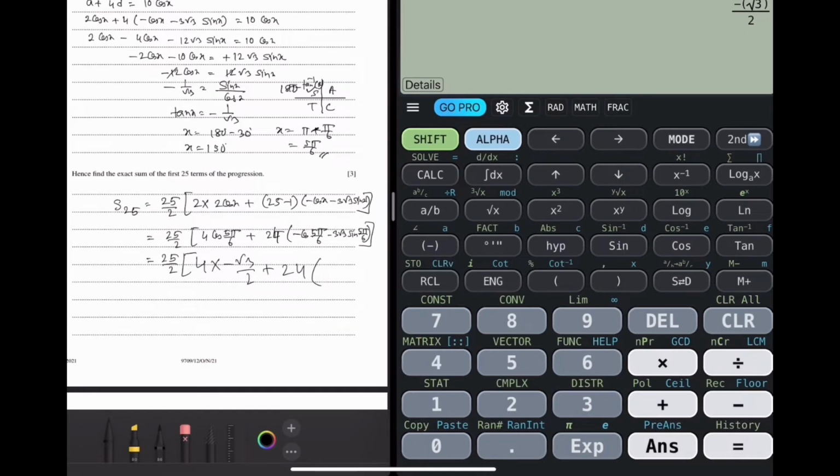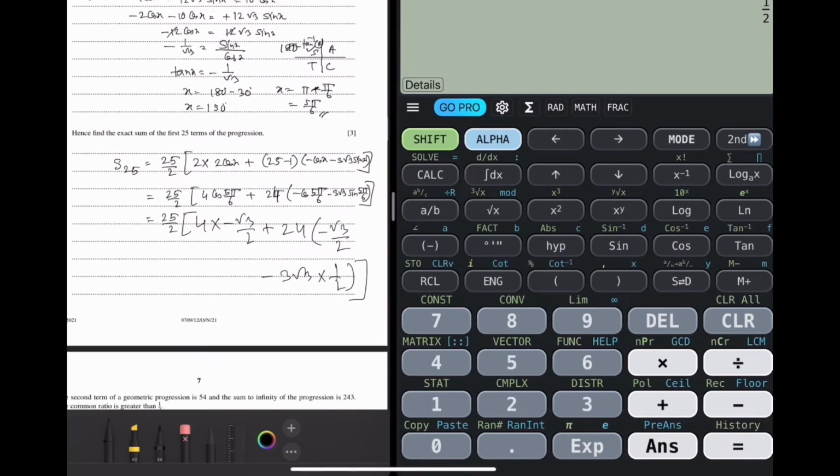Again let me write minus root 3 by 2, then minus 3 root 3. Then sin 5 pi by 6 is half, closing the bracket, which is necessary for simplification.